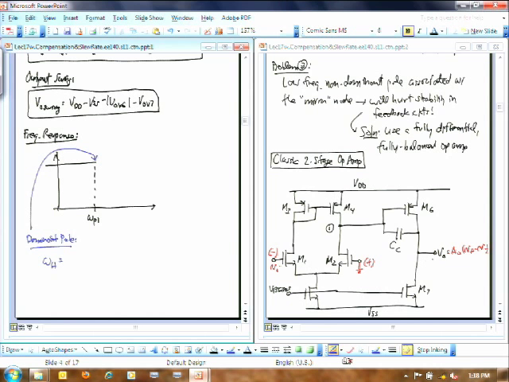But CC is a good size. And so you really have two choices here, right? What you're looking for are the high impedance nodes. You know this is a low impedance node, so you're going to forget about this one, right? This is a high impedance node right here. This is another high impedance node. They're about the same impedance, right? So which one will dominate the frequency response? Yes.